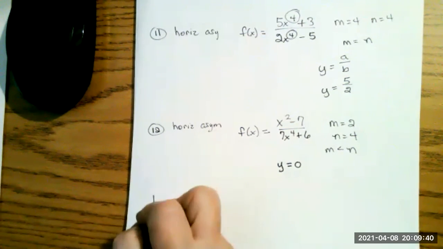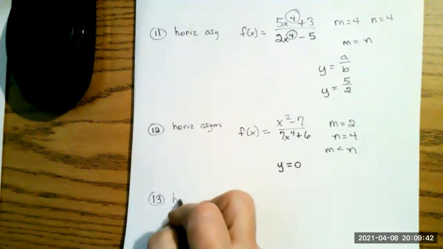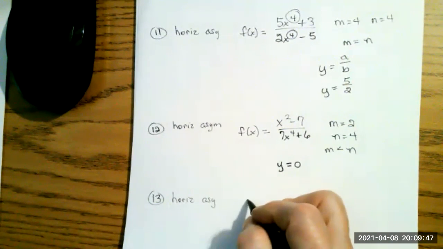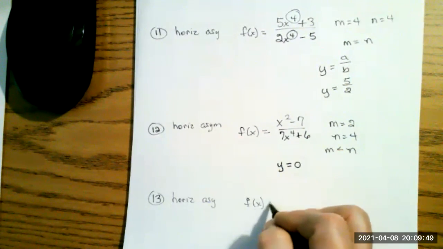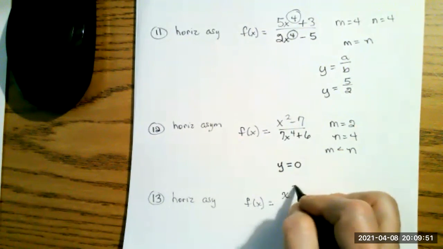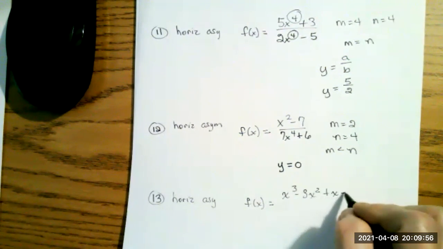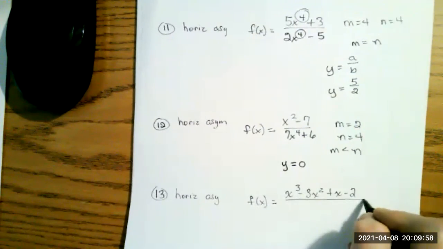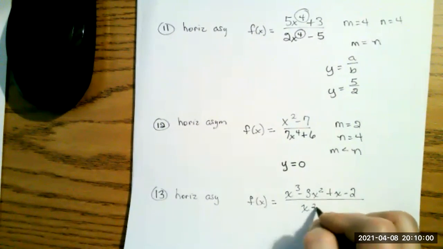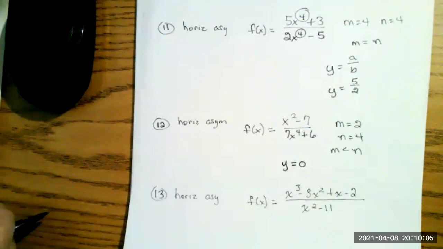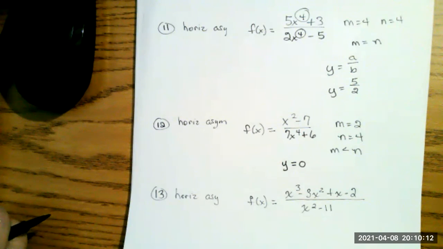Okay, there's one more of these. Horizontal asymptote. So we have x cubed minus 3x squared plus x minus 2 in the top and x squared minus 11 in the bottom.